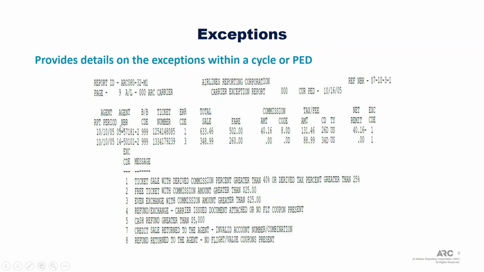So on this report, you'll see the transactions, the document numbers listed here, and then below that, the error code explanation. Error code number 1 is for ticket sales with derived commission percent greater than 40% or derived tax percent greater than 25%. Most commonly, you'll see a 1 or a 3 in the error code.